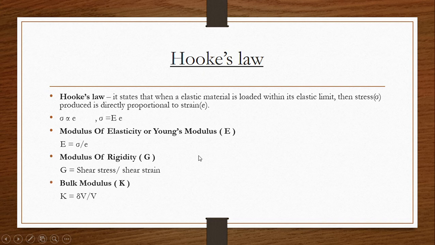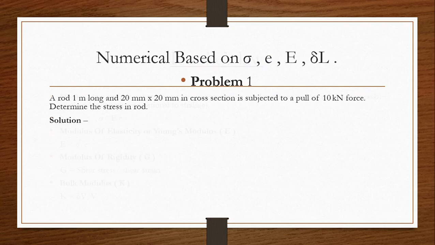And the last one is bulk modulus, that is capital K, that is delta V by capital V, the change in volume to the original volume. So we have to keep three constants in mind: Young's modulus capital E, modulus of rigidity capital G, and bulk modulus capital K.